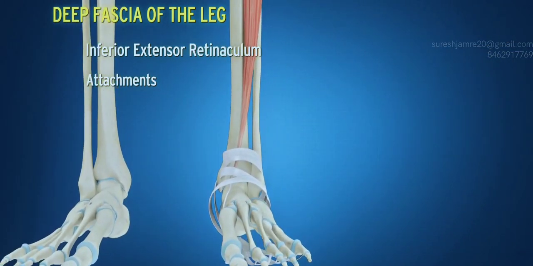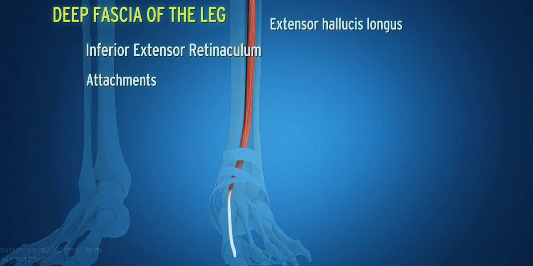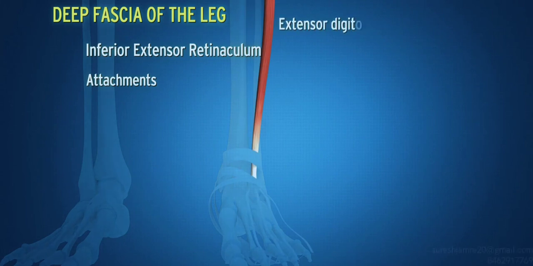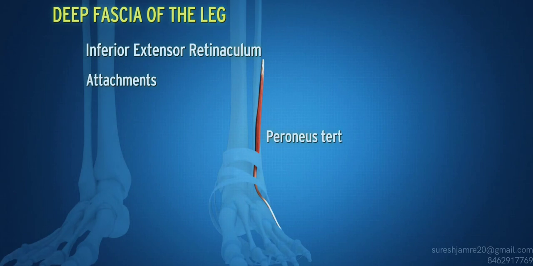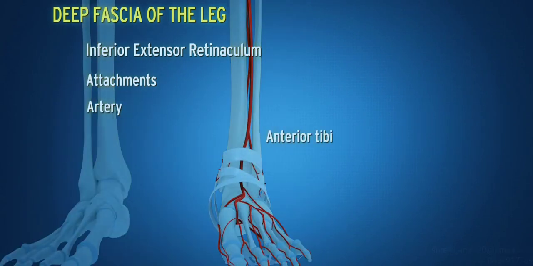The anterior compartment contents from medial to lateral side are as follows: tibialis anterior, extensor hallucis longus, extensor digitorum longus, peroneus tertius. Artery, anterior tibial artery.